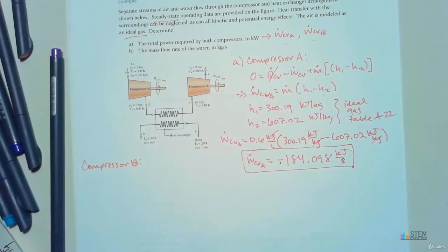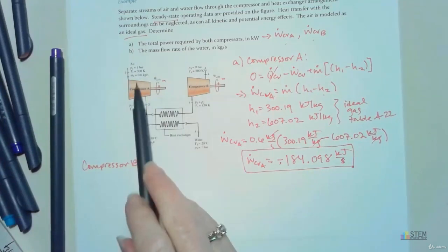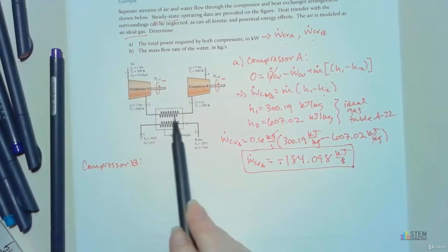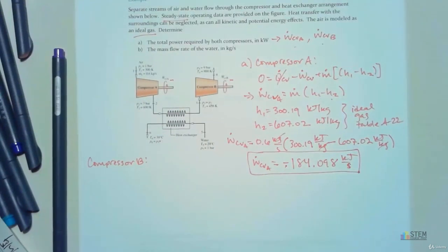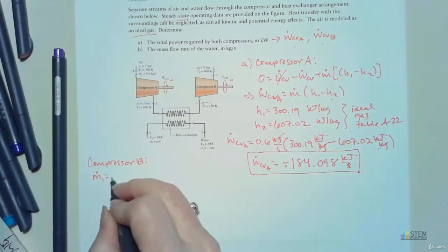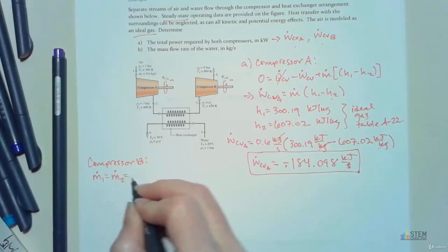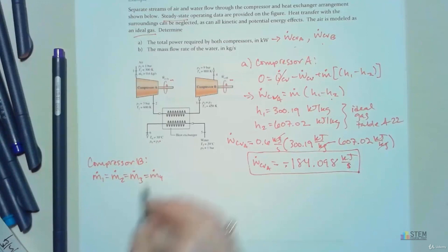For compressor B, now we have to figure out our mass flow rate. Now remember, this is all air coming through here. The air flows through compressor A, goes through this heat exchanger, goes back through compressor B. So since we are steady state, we're going to have M1 dot equals M2 dot equals M3 dot equals M4 dot.